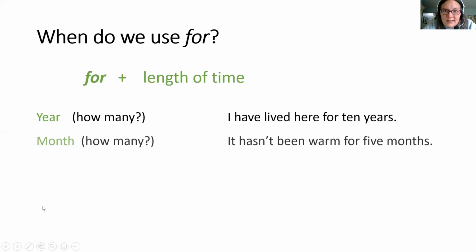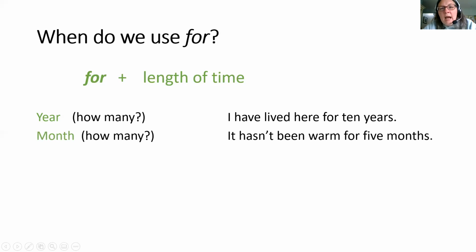Of course, this also applies to months. Maybe I want to talk about how cold it's been, but I don't want to talk about when it started. I just want to talk about how many months this has been happening. It hasn't been warm for 5 months. It started 5 months ago and it's continued up until now for 5 months.